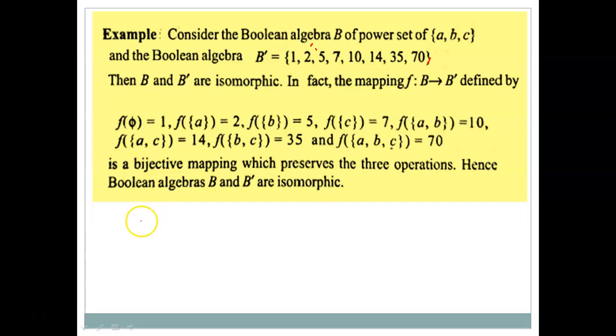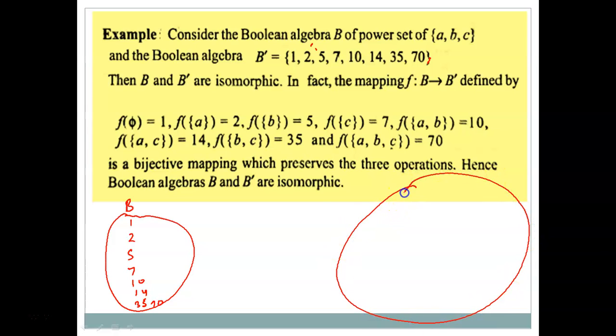So the mapping is defined here in this way, that the set B is having the elements 1, 2, 5, 7, 10, 14, 35 and 70, and here this set B is having the elements, this is basically the power set: phi, then singleton A, singleton B, singleton C, then pairs AB, BC, CA and ABC.